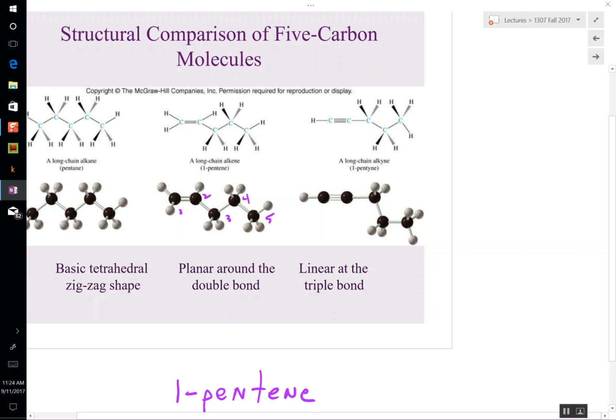These always look like puppies. I don't know if that's a Dachshund, or whatever. At any rate, there's your triple bond. 1, 2, 3, 4, 5. Pent, again, longest chain. But now triple bond, ine, pentyne, and again, it's 1-pentyne.